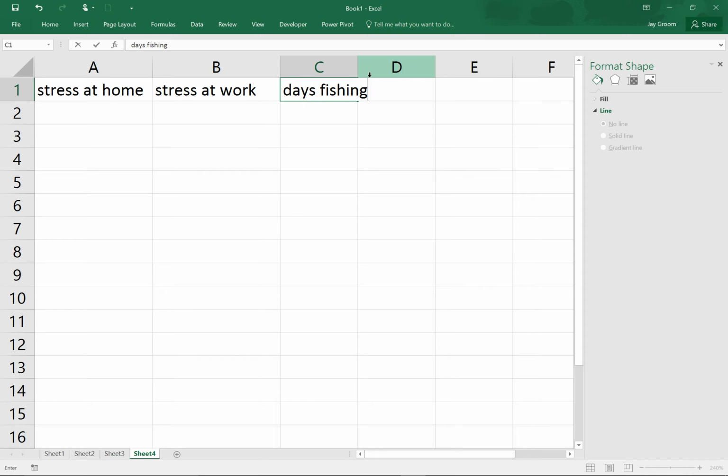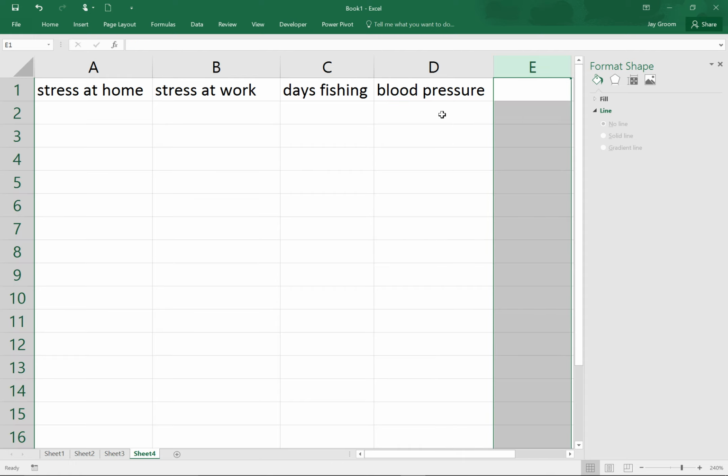Clearly, I think everyone's pretty clear that if you fish more often, you're probably going to have lower blood pressure because it's less stressful, and obviously stress at home and stress at work are going to be contributing to you.